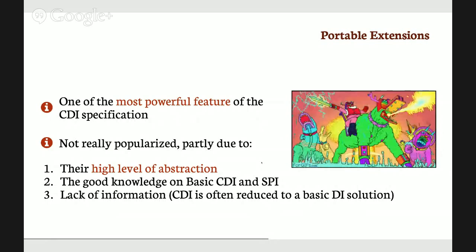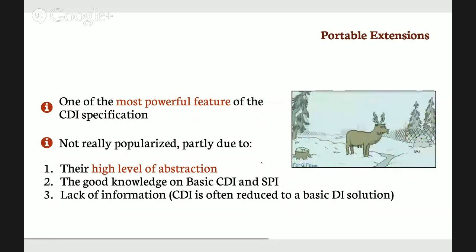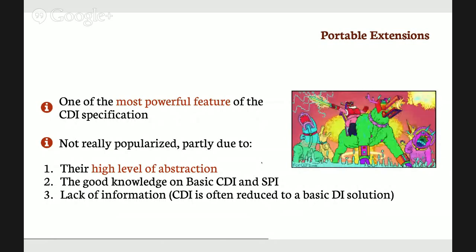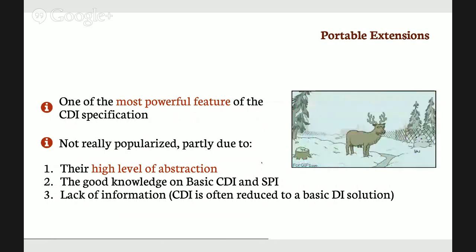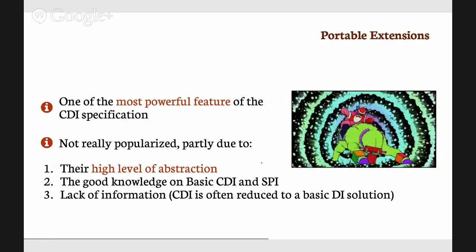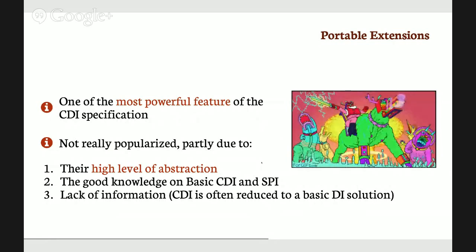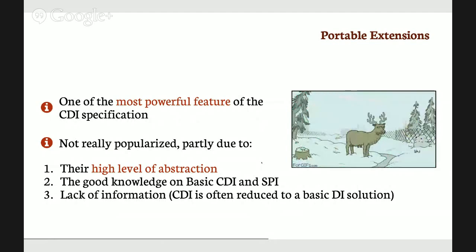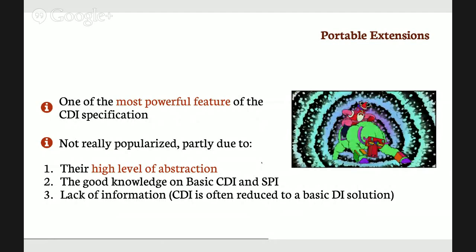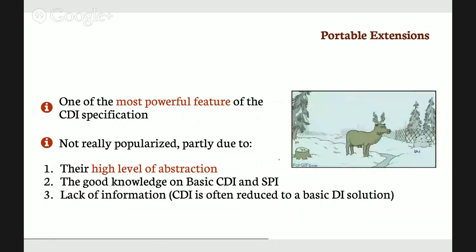It's not very popular, not very well known, for a lot of reasons. I think the first is we need to understand a lot of things before being able to develop an extension, like the SPI we just saw, so it can be a bit long before having all the stuff in place.